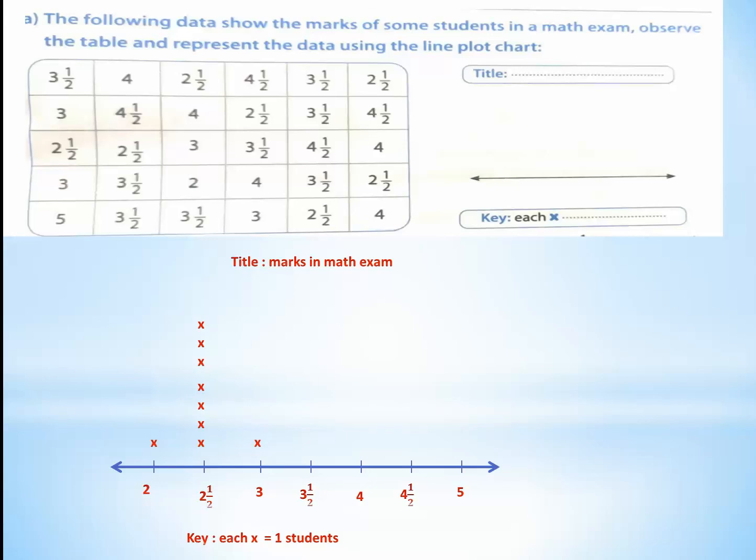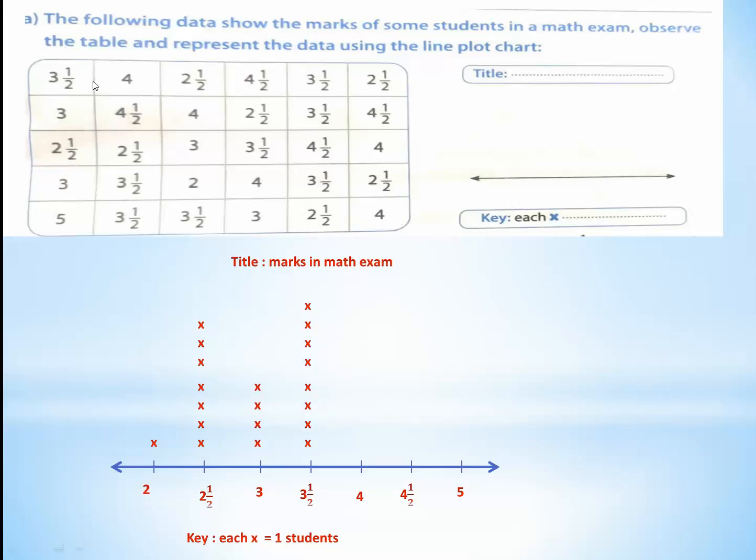Okay, 3. How many 3 we have? 1, 2, 3, 4. We have 4. Okay, 3.5. How many 3.5? 1, 2, 3, 4, 5, 6, 7, 8. So we have to draw 8 line plots. 4.